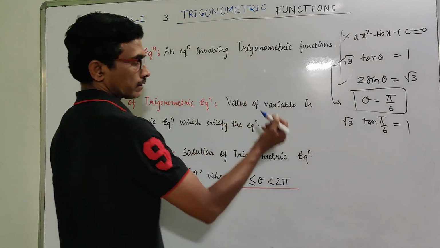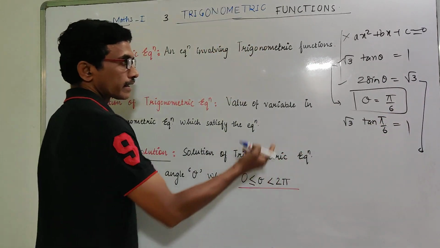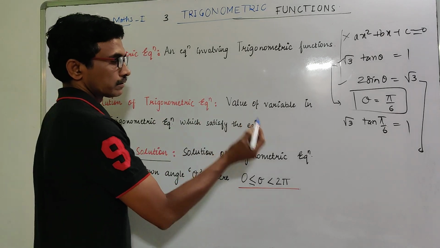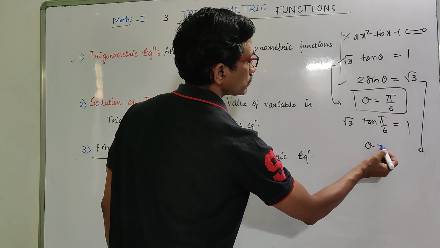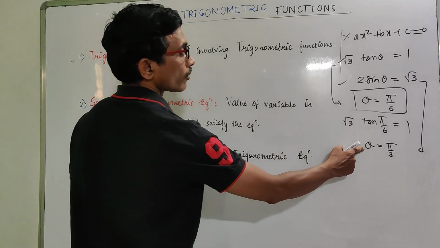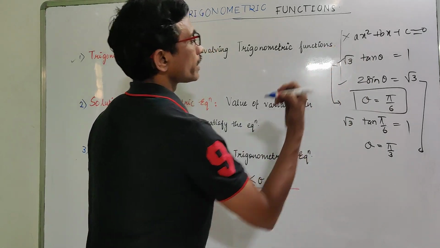Similarly, see the second example, 2 sin theta is equal to root 3. Again, if we take theta is equal to pi by 3, that is 60 degree, you know sin of 60 degree is root 3 by 2. So it will satisfy the equation.